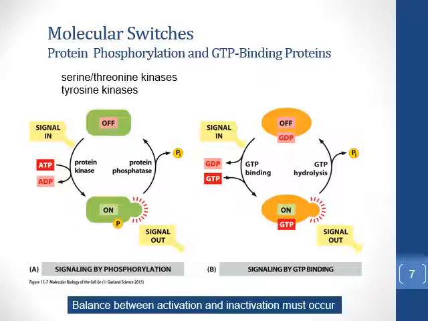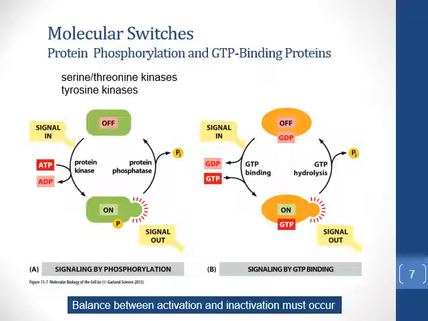We're just going to look at protein phosphorylation and the use of G proteins and find that they are a key part of these signaling pathways that we're talking about. The other thing this illustrates is that oftentimes there's a balance between activation and inactivation in these pathways.